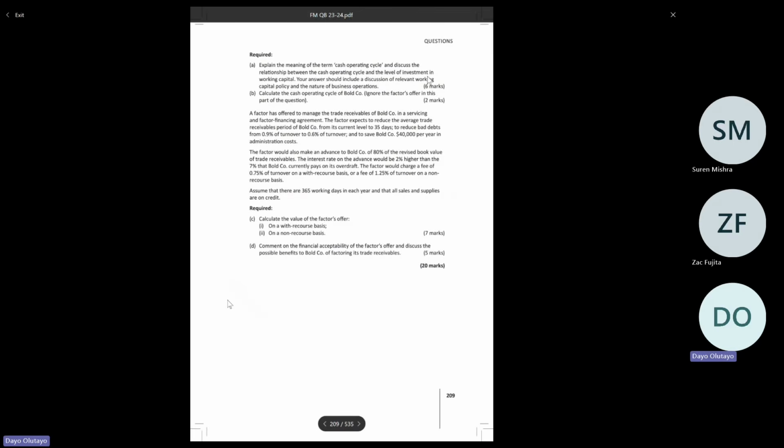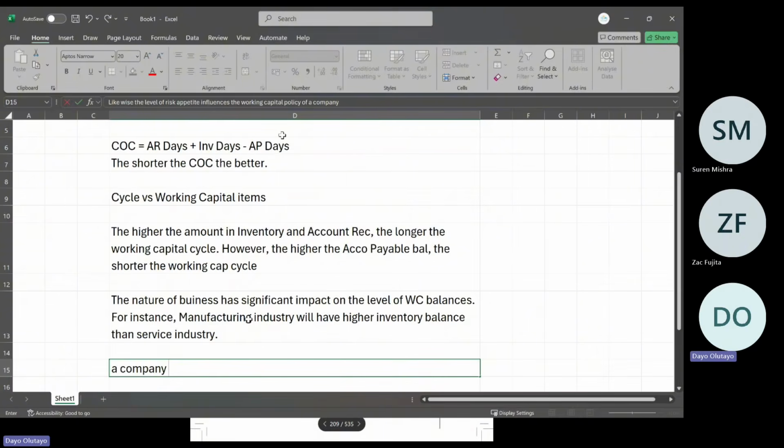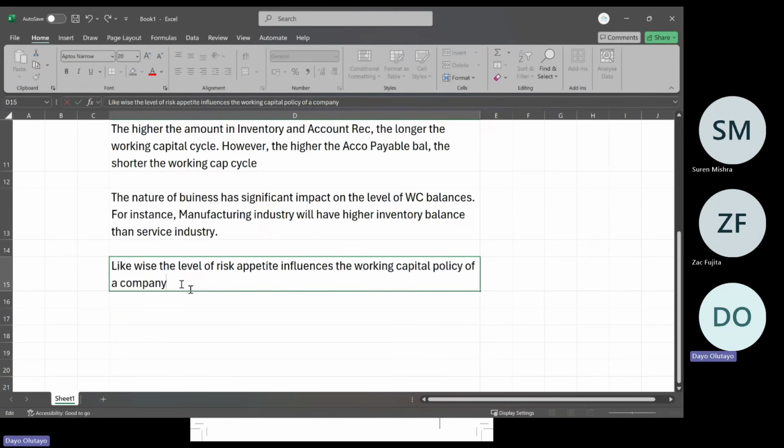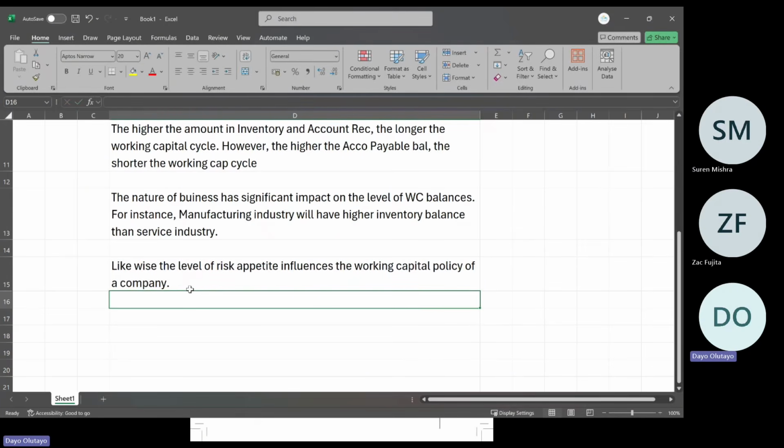Now I'm dealing with the working capital cycle. So I'm saying that the risk appetite influences the working capital policy of a company. And why am I saying that? Because there are two types of policy. We have aggressive and conservative policy.